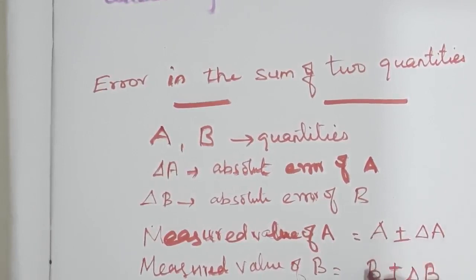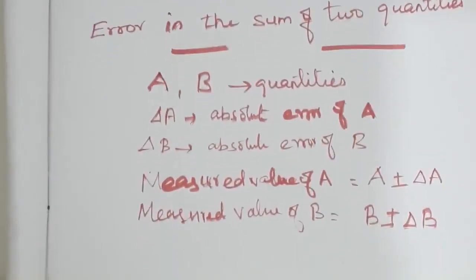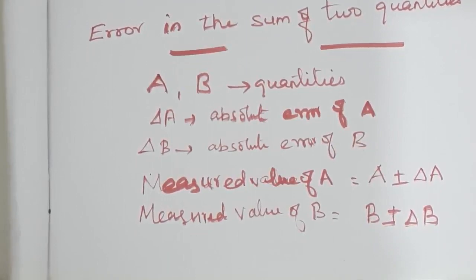So these are the quantities to be measured, and delta A and delta B are the absolute errors. Now we can look at the sum.